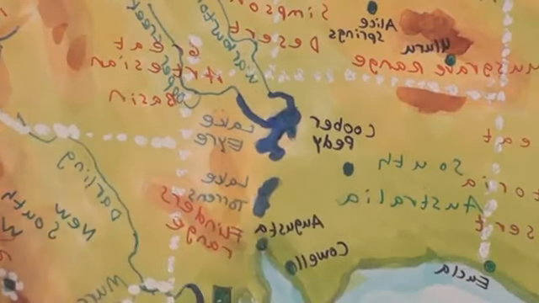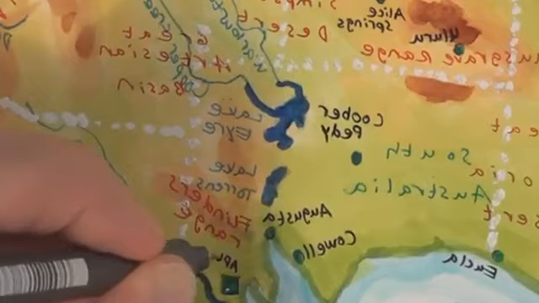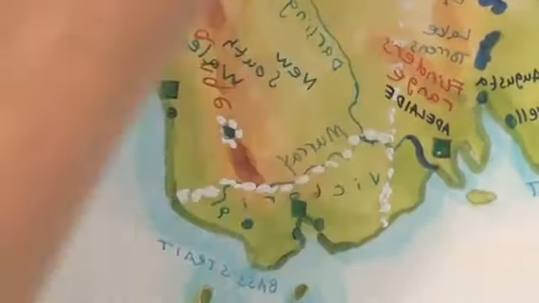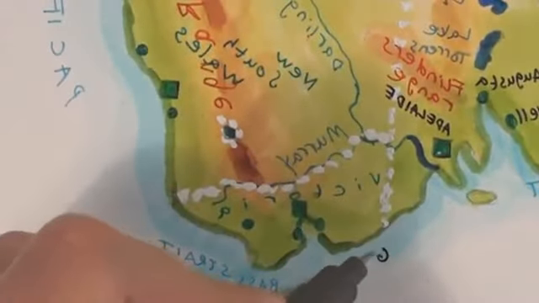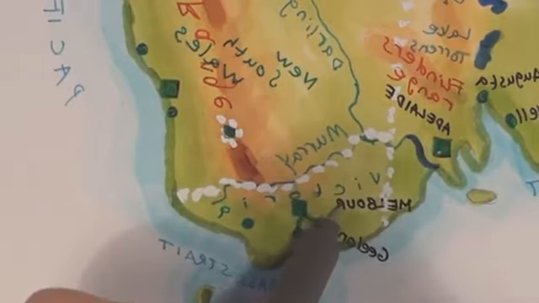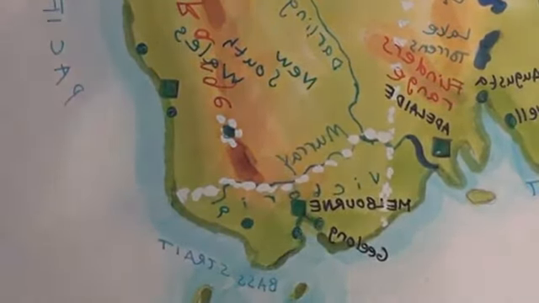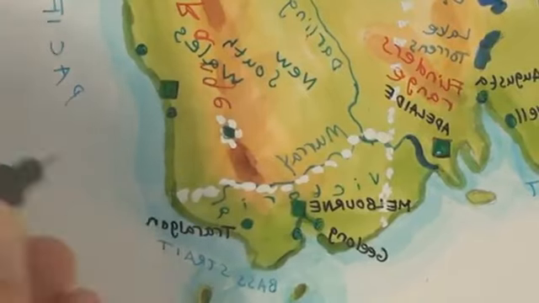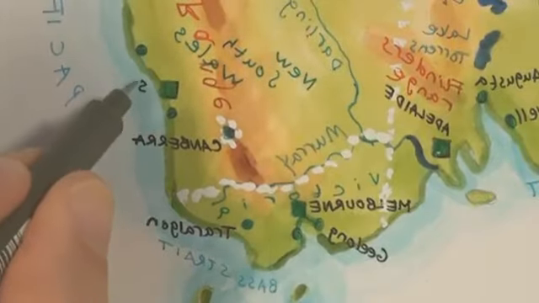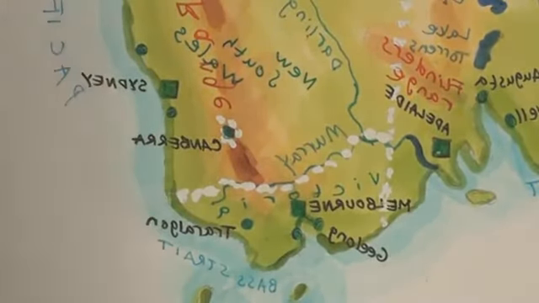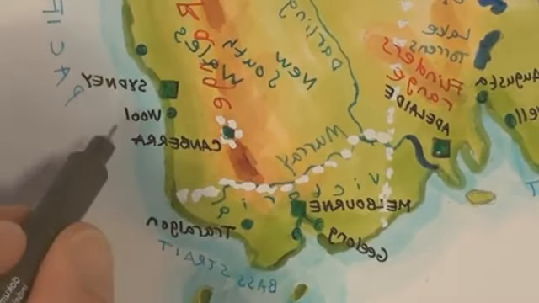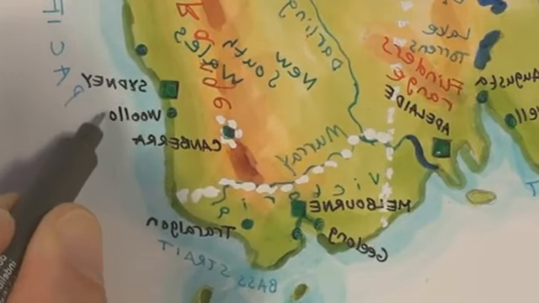Augusta. Geelong. Melbourne. Sydney. Oh, no. I think I spelled it wrong already. Let's pretend I didn't.